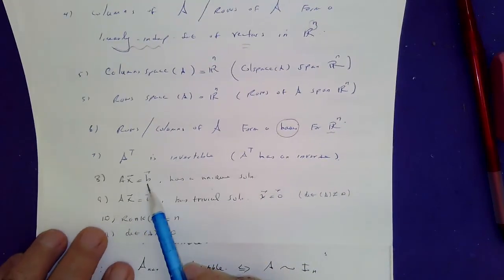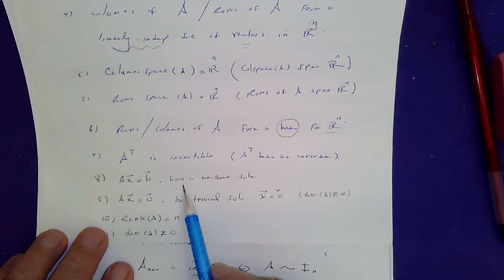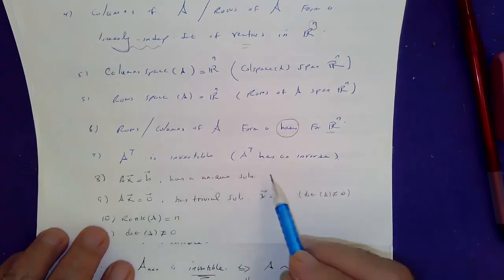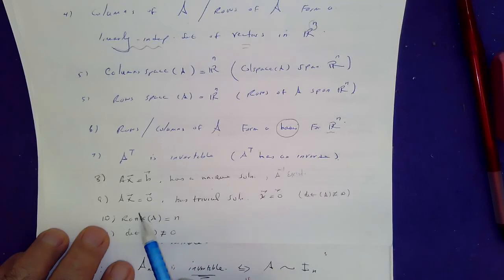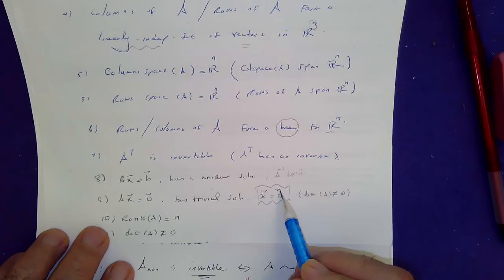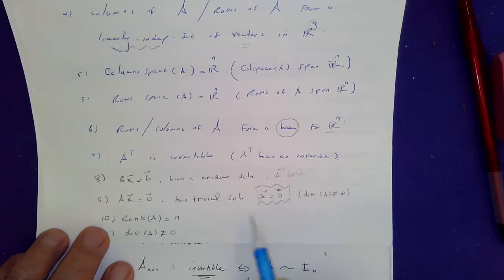A non-homogeneous system of equations will have a unique solution provided A inverse exists. A homogeneous system of equations has only the trivial solution, trivial meaning the one and only solution is 0, if A inverse exists, which means the determinant is not equal to 0.